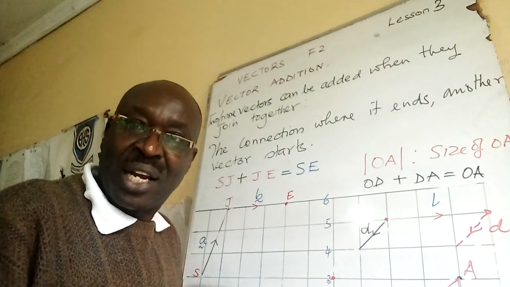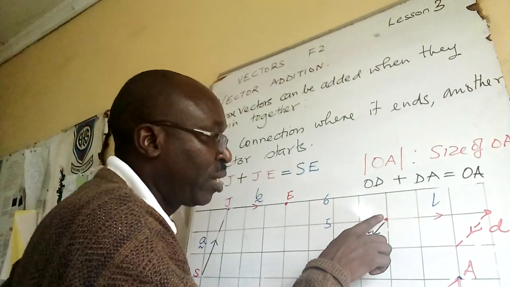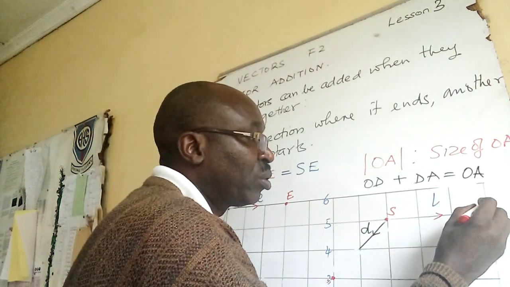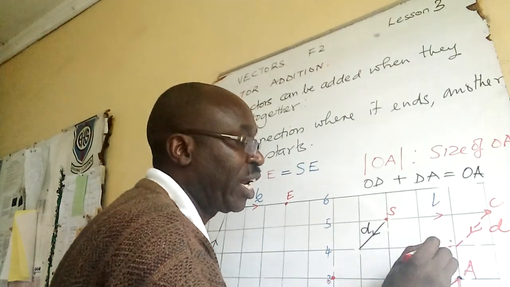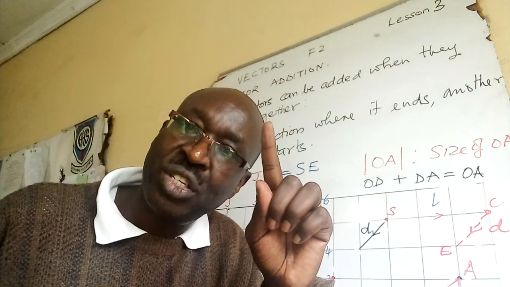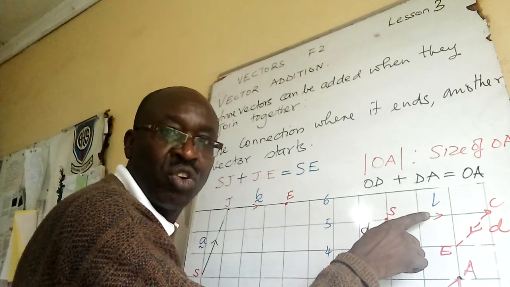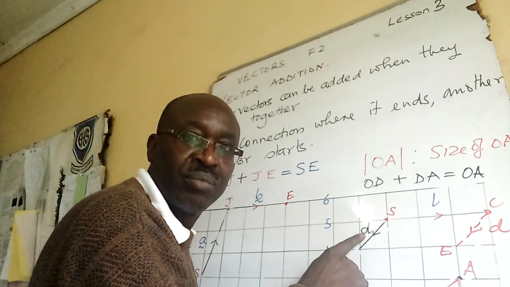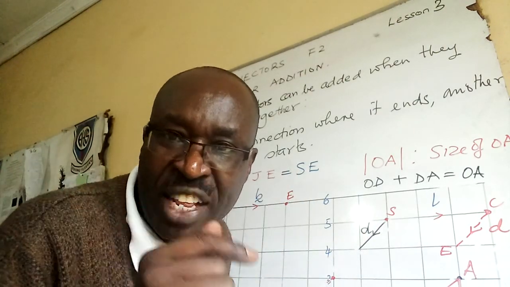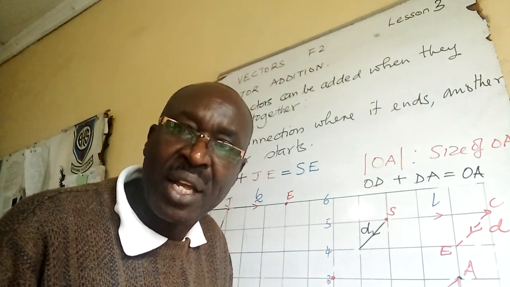Okay? Now for today's purposes, addition. So how will it be? Let us say this is the start point. This is the connection. This is where I end. Now I can add. I've used which knowledge? Equivalent vectors. The 2 vectors drawn originally are L and D. From this level, I cannot add them. Please understand, from this level, I cannot. Why?